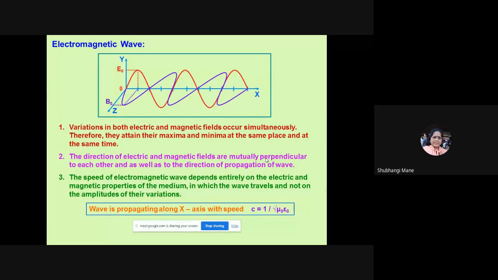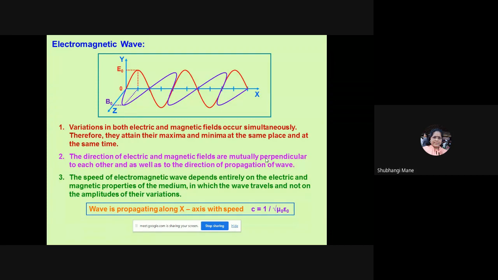In this lecture, we are going to continue with the same. An electromagnetic wave is nothing but a wave where electric and magnetic fields occur simultaneously. Therefore, they attain their maxima and minima at the same place and at the same time.